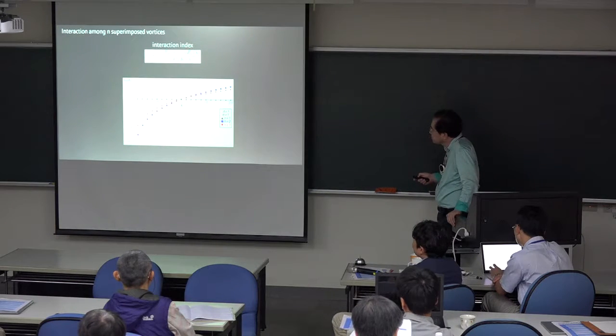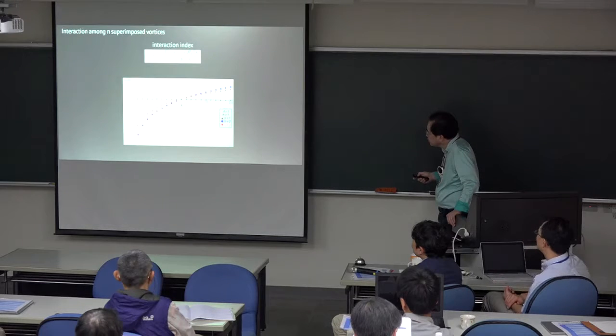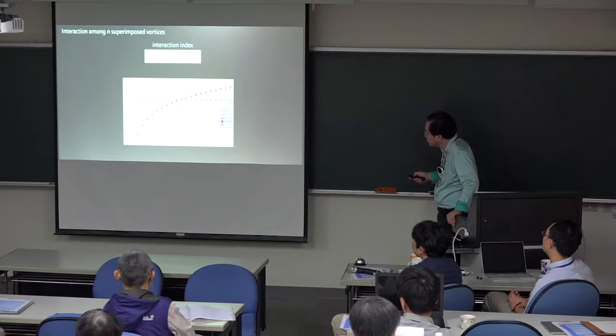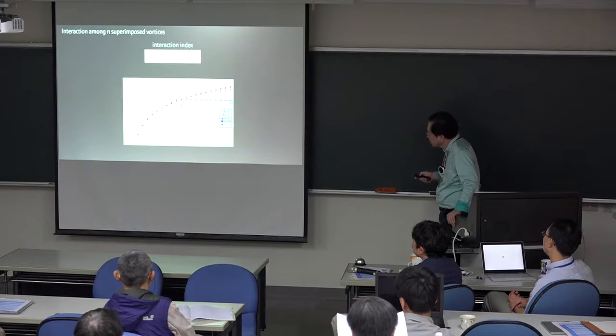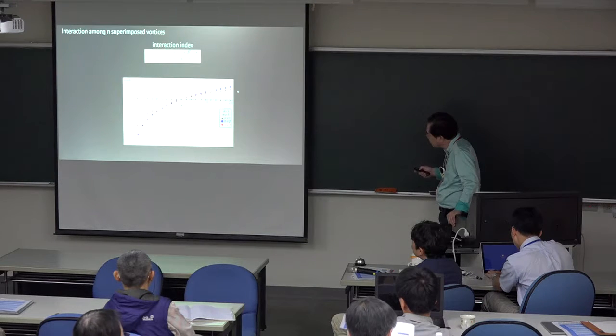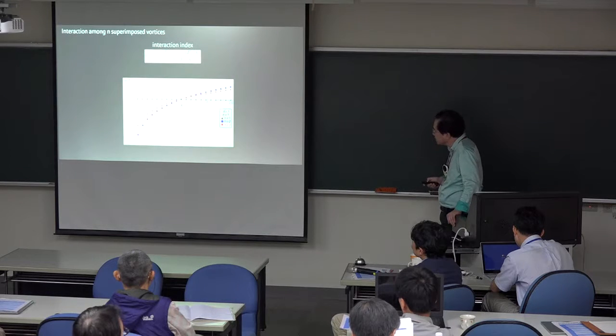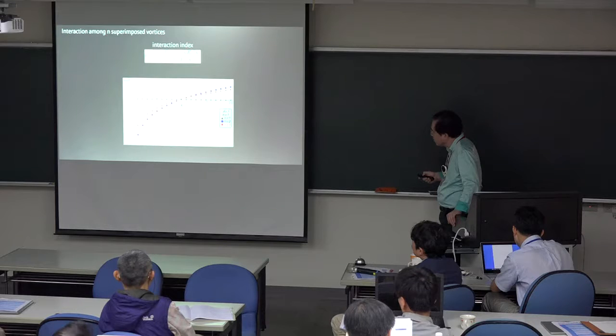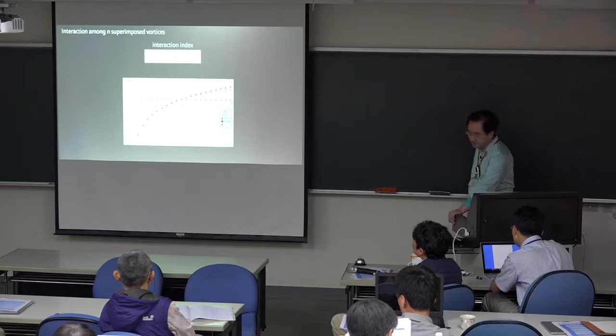If you consider the n equal 1 vortex, it should always be 0. If we consider the n equal 2 vortex, then this one is attractive here, and then repulsive for the large coupling, which is expected. Then if I increase the number of vortices, it slightly decreases like this.